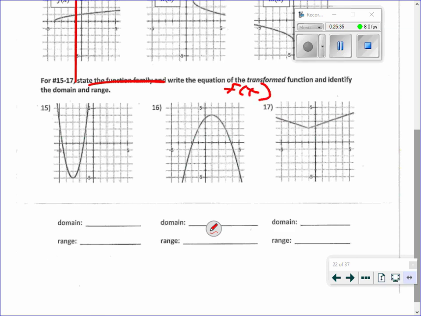So what we mean by that is, think, your original is always going to start at 0, 0. So then think about how this graph was changed. What transformations did we have?